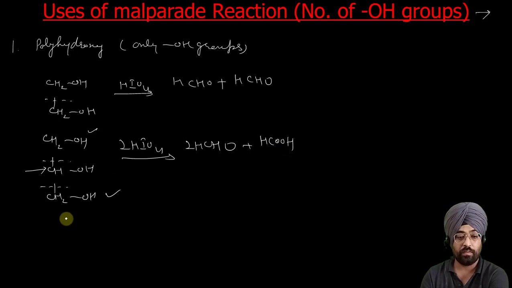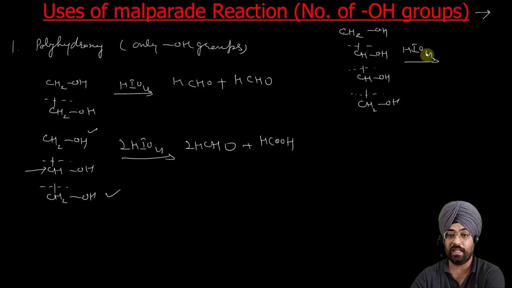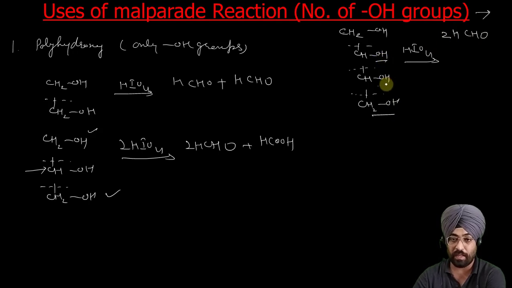Now suppose we have 4 OH groups, I will write the structure here: CH2OH, CHOH, CHOH, CH2OH, with HIO4. This will break, this will break, this will break. So we get HCHO, formic acid, formic acid, and HCHO.